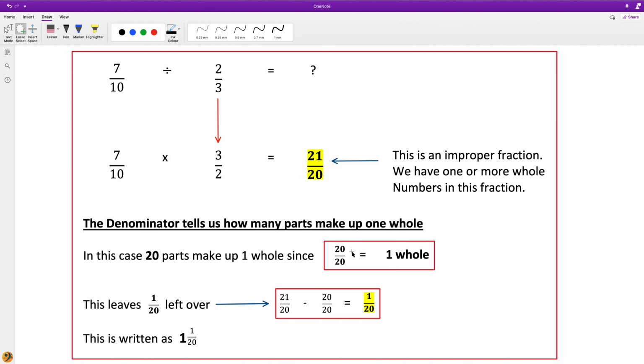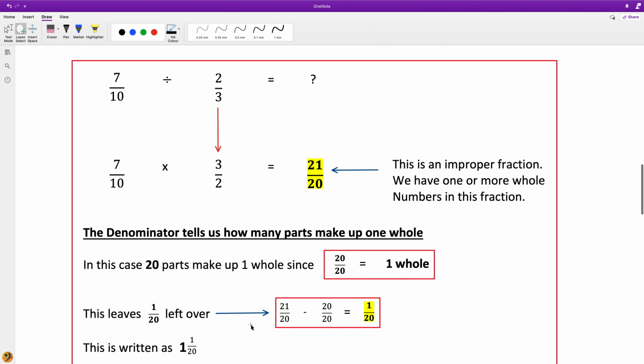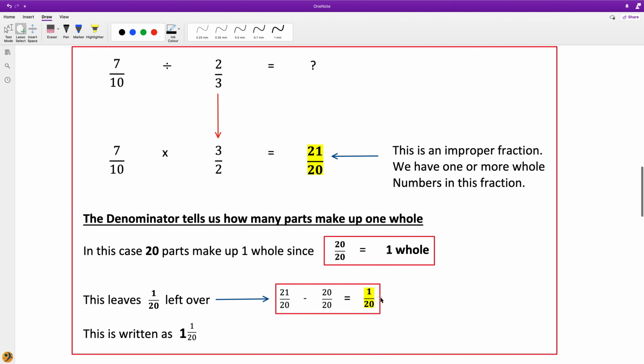So now that we know this, one whole number uses 20 of our 21 parts, and that leaves us one part of the 20ths left over. We express it like this.